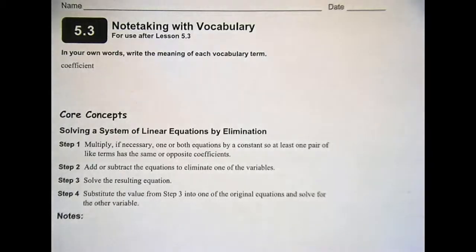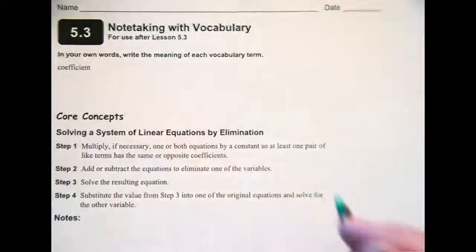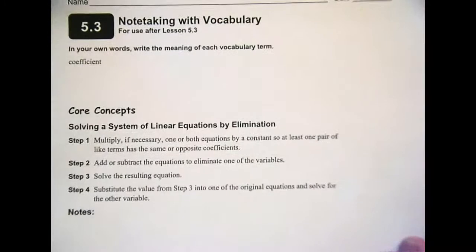I would add a step in there that might be something that helps out a bit. I always like to have my systems in standard form, or at least have X and Y on the same side.